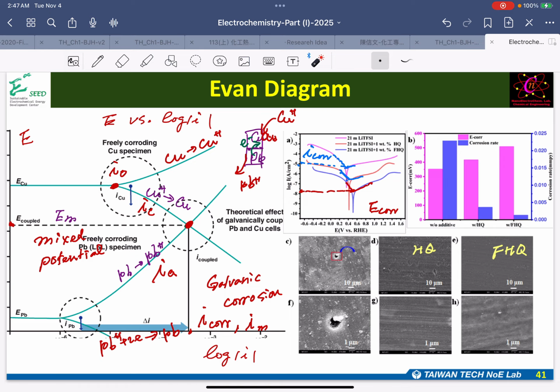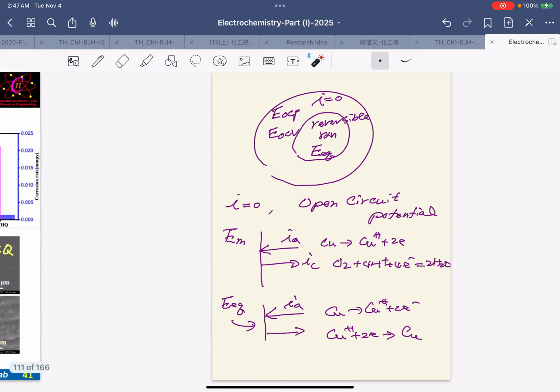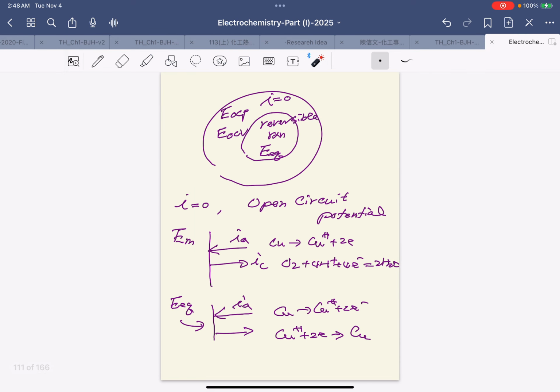So the E-I diagram is very important, but that is kinetic. So E corrosion and I corrosion are kinetic parameters. They are not thermodynamic parameters. They really depend on the kinetics of the system. We mentioned the E equilibrium needs a reversible reaction.